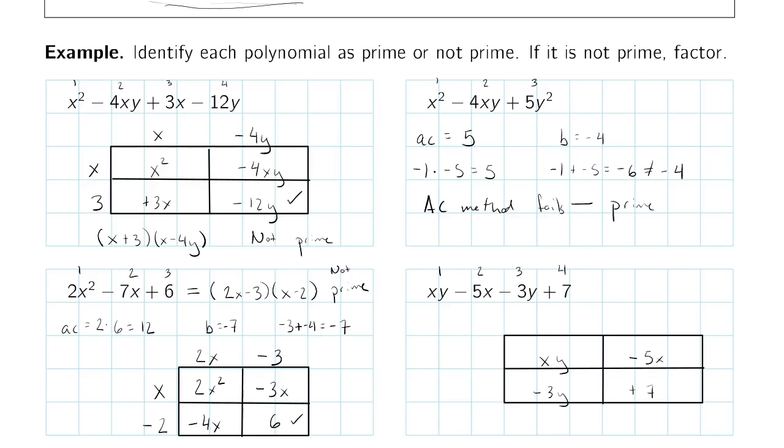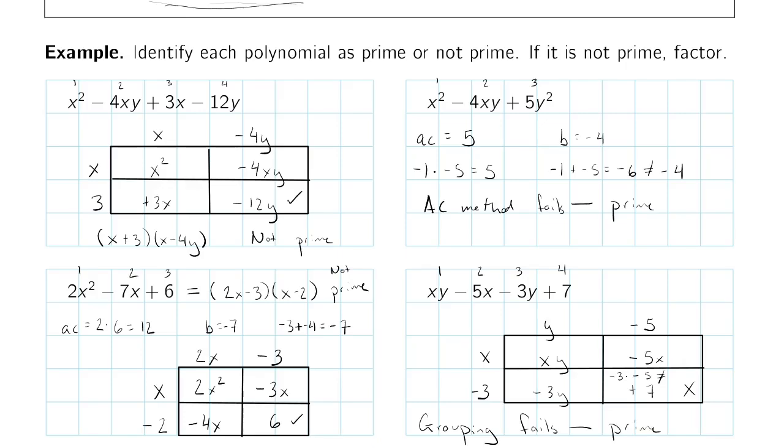I feel like this isn't going to work out, but let's see. First row, I have a common factor of x. That's great. First column, I need a y. Second column, I need a negative 5. Second row, I need a negative 3. Oh, but negative 3 times negative 5 does not equal positive 7. So grouping fails. This is prime.